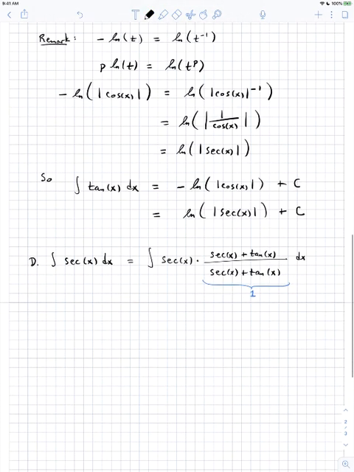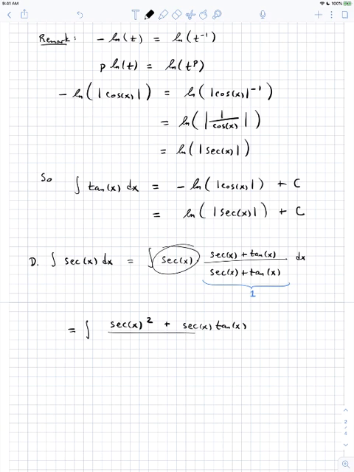It's probably not immediately clear, but what we can do is multiply that secant x into the numerator. So the first thing is that we're going to have secant x times secant x. So that's going to give us secant x quantity squared. Plus, and now I'm going to do secant x times tangent x, so that's going to give me secant x times tangent x.